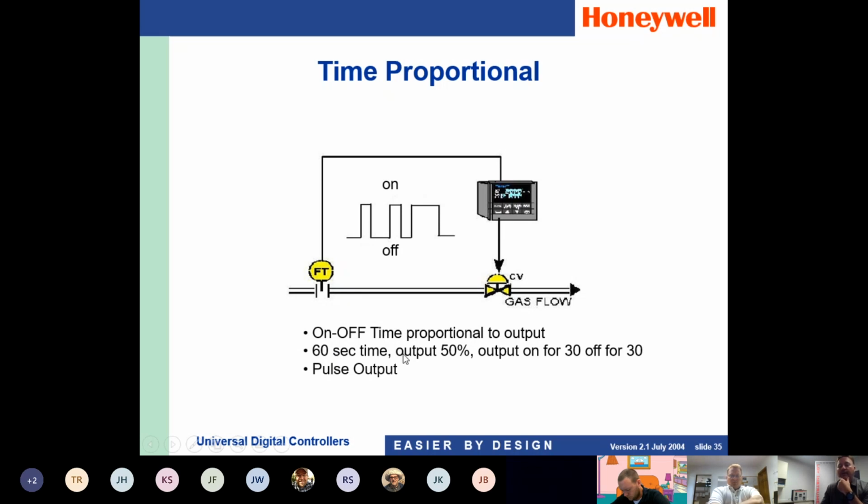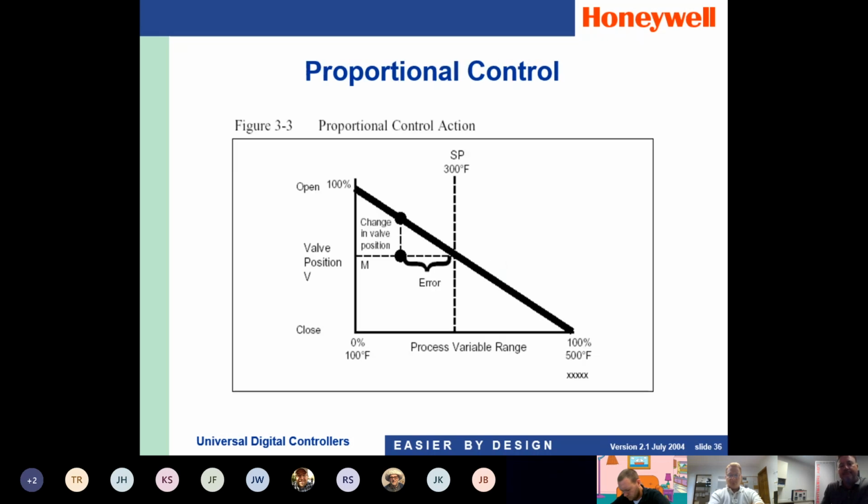So as my output increased or decreased all along the 0 to 100%, my on to off time would change according to that output. This would give you a little better process control if you had an on-off situation, and all you would have to do is set up the controller for time proportional and tune the control loop in order for it to operate in this fashion.